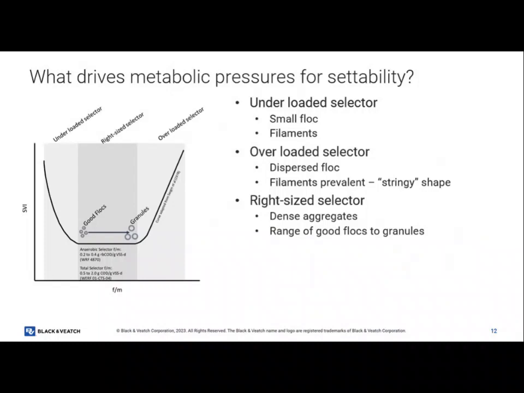So let's say I have a granule of this size, and I have 0.4 grams of COD per gram of VSS. That can diffuse into the middle of the floc. Let's say it's able to diffuse in 1 millimeter.